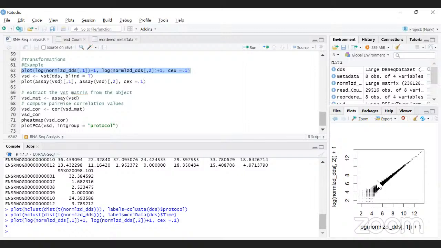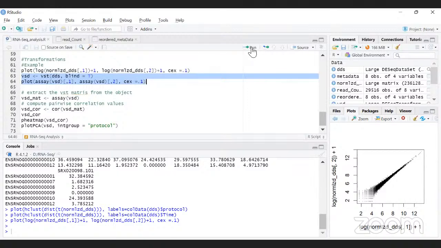The problem is that you might falsely consider these genes over here as differentially expressed genes. So there are several transformations that you could do so that these are not considered as actual differentially expressed genes. One of the main transformations for that is called the variance stabilizing transformation.